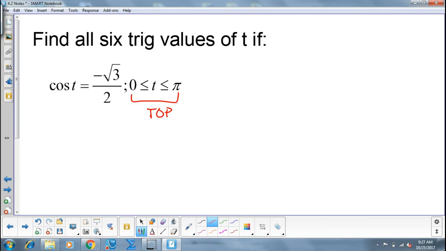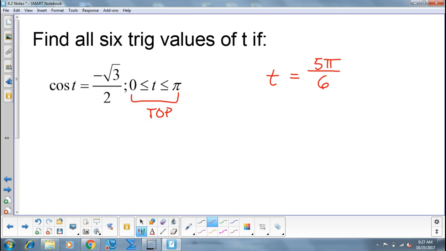And then because the cosine is negative, I'm on the left side. So really, what is the radian value of t? 5 pi over 6, right? So really, we are just finding the 6 trig values that go along with a radian value of 5 pi over 6.